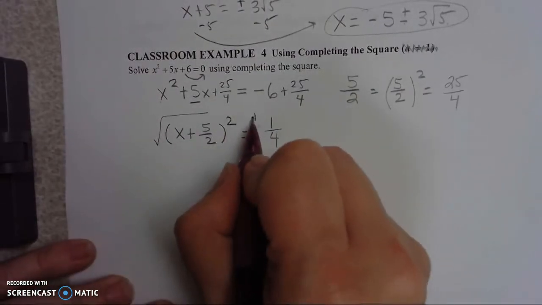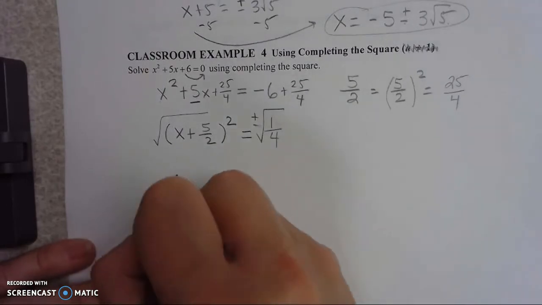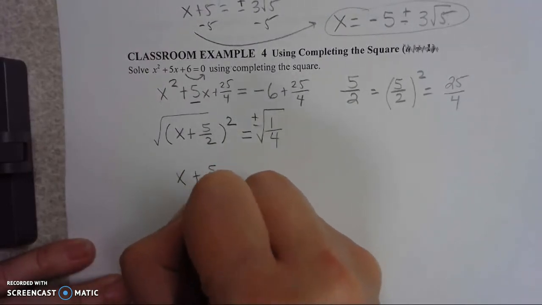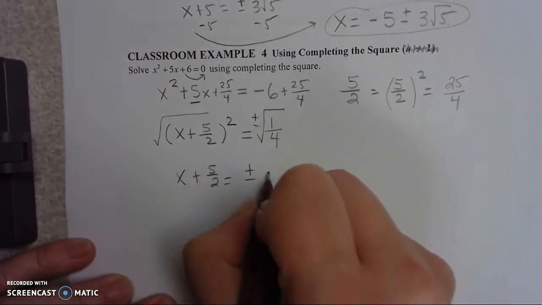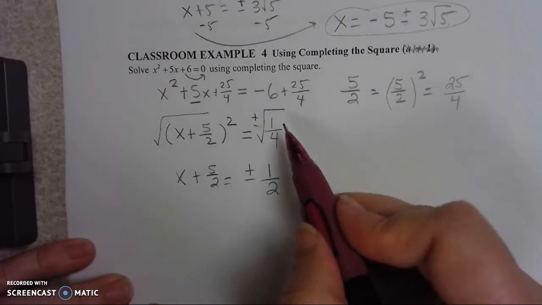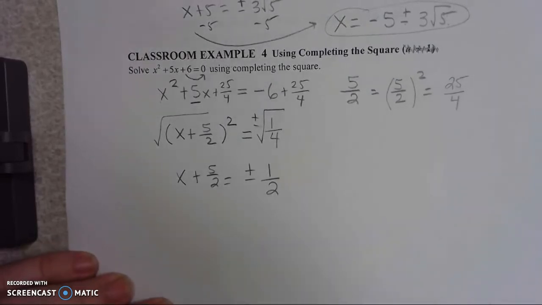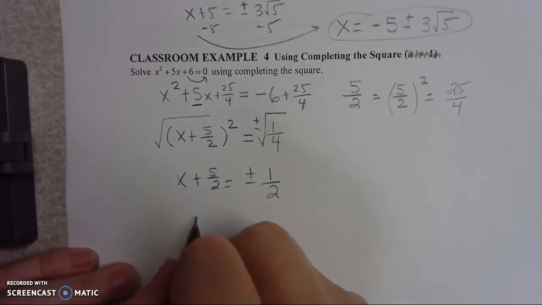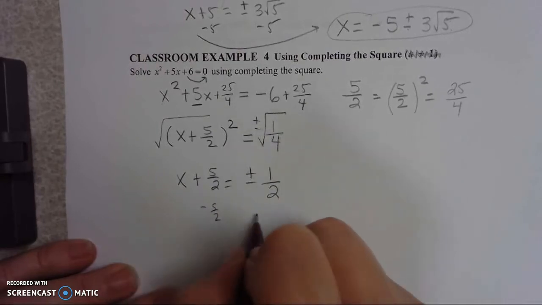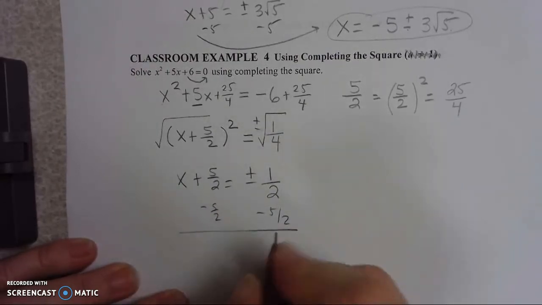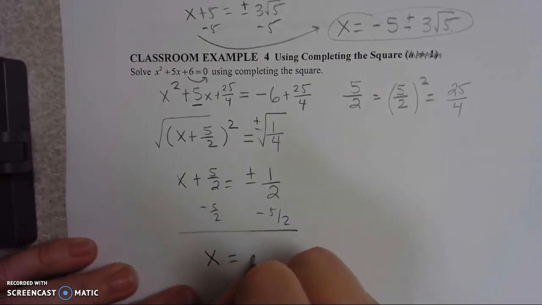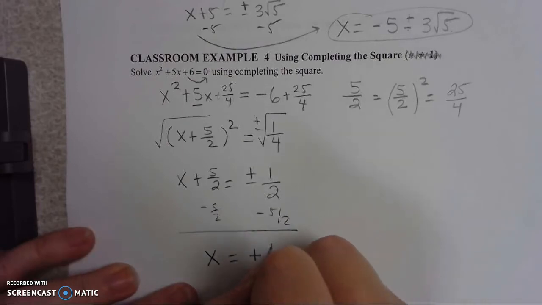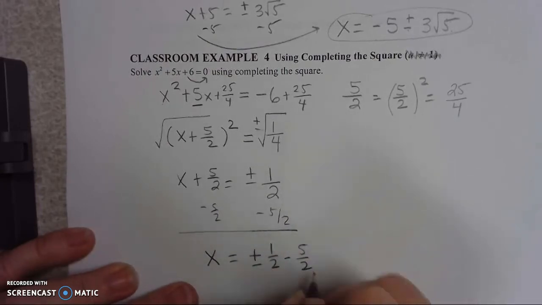We're going to take the square root of both sides. So we'll have x plus 5 halves equals plus or minus 1/2. The square root of 1 is 1, the square root of 4 is 2. Then I'm going to subtract 5 halves from both sides. So I'll have x equals plus or minus 1/2 minus 5 halves.